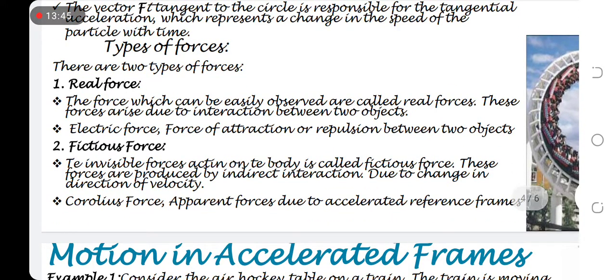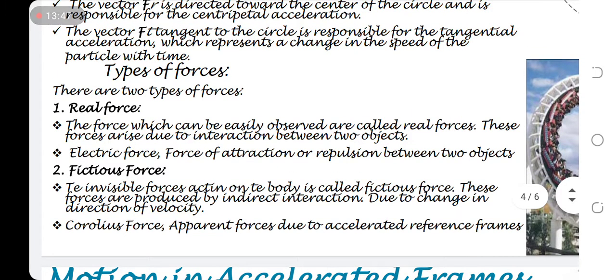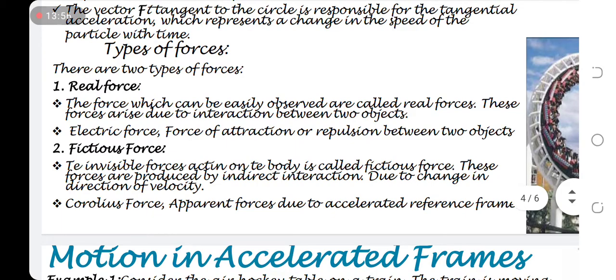Now, the short article, the types of forces. There are two types of forces: one is real force, another is fictitious force. What is real force? The forces which can easily be observed are called real forces.